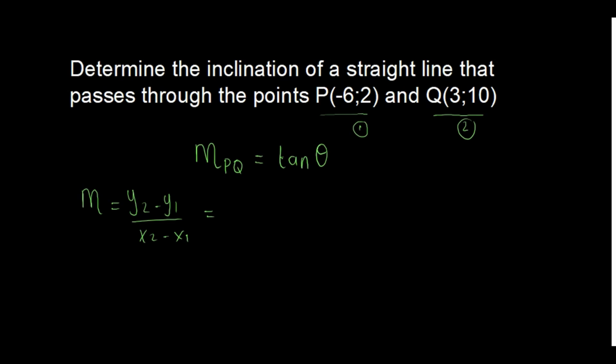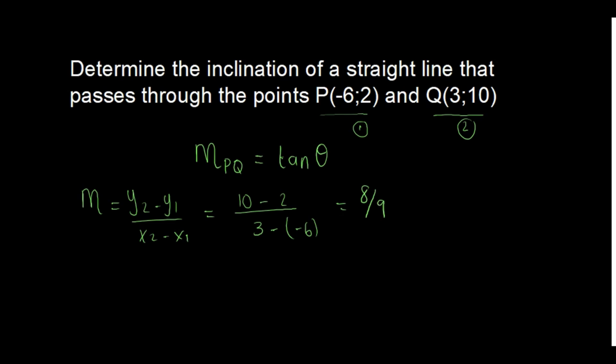It's 10 minus y1, which is 2, over x2, which is 3, minus x1, which is minus 6. Let's punch that into our calculator, so it's 10 minus 2 all over 3 minus 6, and we get that our gradient is 8 over 9.